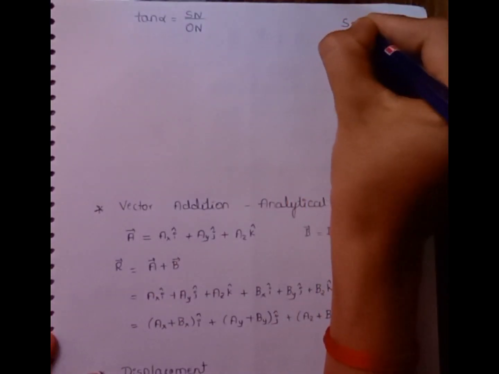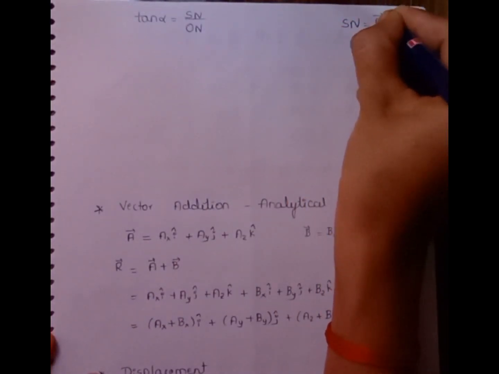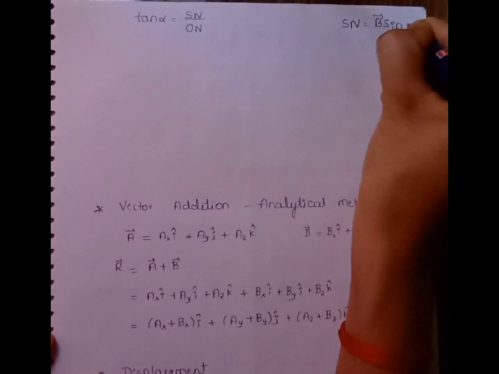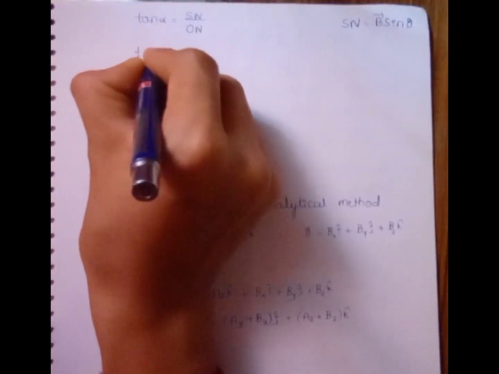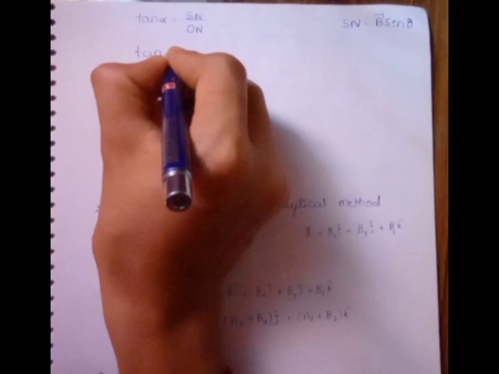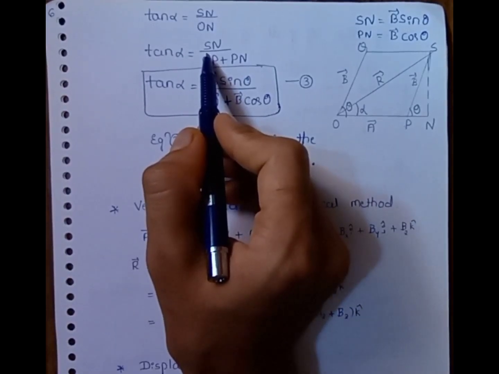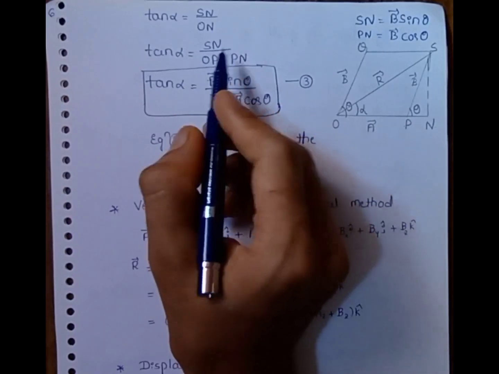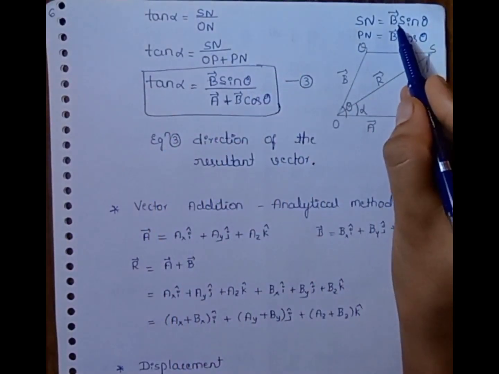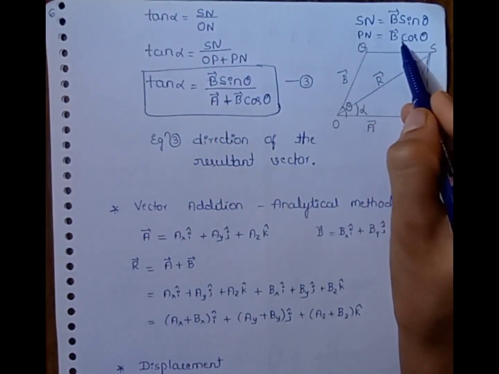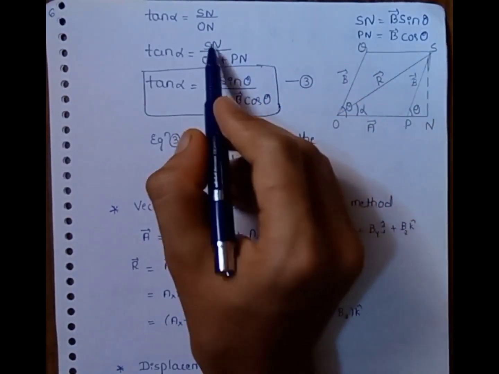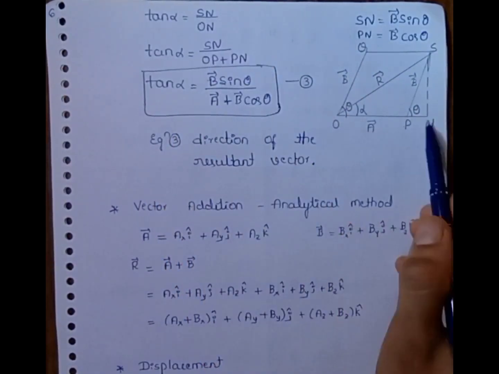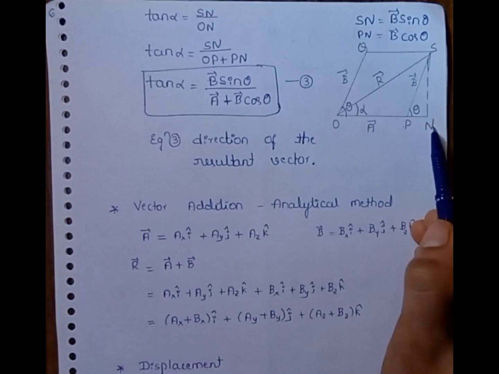And we know SN is equal to vector B sin theta. Just apply it here, which gives tan alpha is equal to SN by ON. We know SN is equal to B sin theta and PN is equal to B cos theta. Here how do we write ON? ON is equal to OP plus PN.